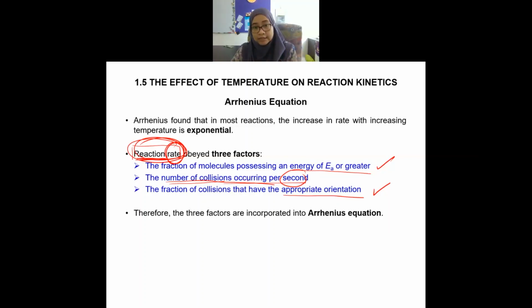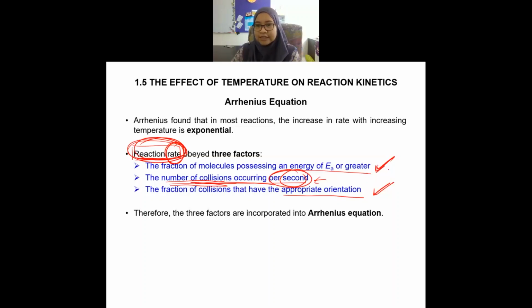Effective collision alone does not concern the per-second part, but reaction rate is directly related to the number of collisions per time. So we have additional information related to reaction rate. These 3 must be obeyed.